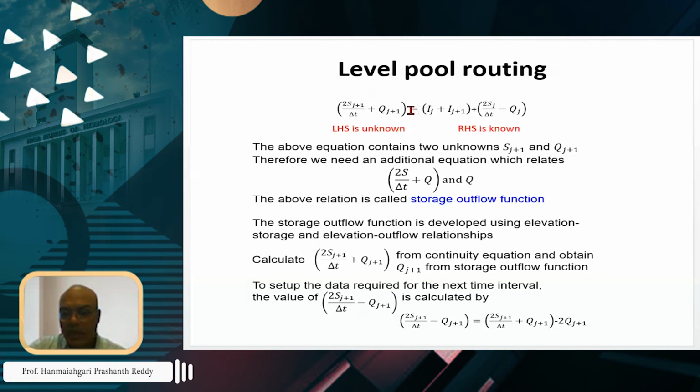Then the entire 2S_{j+2}/Δt + Q_{j+2} will be obtained, and Q_{j+2} is obtained from this storage outflow function. Then this procedure continues in time until the maximum time in the inflow hydrograph.